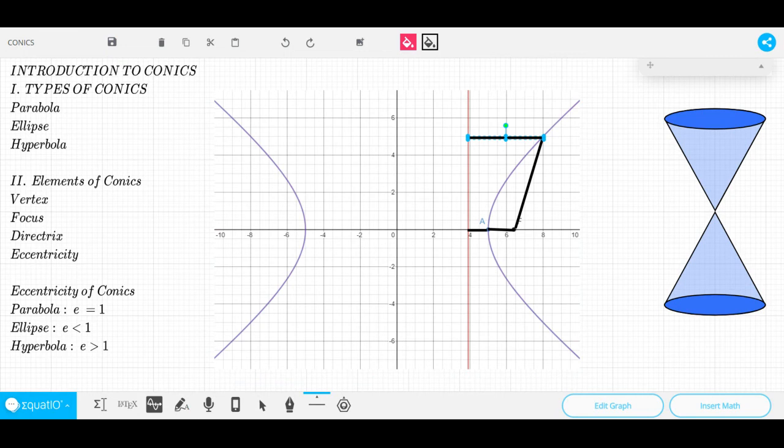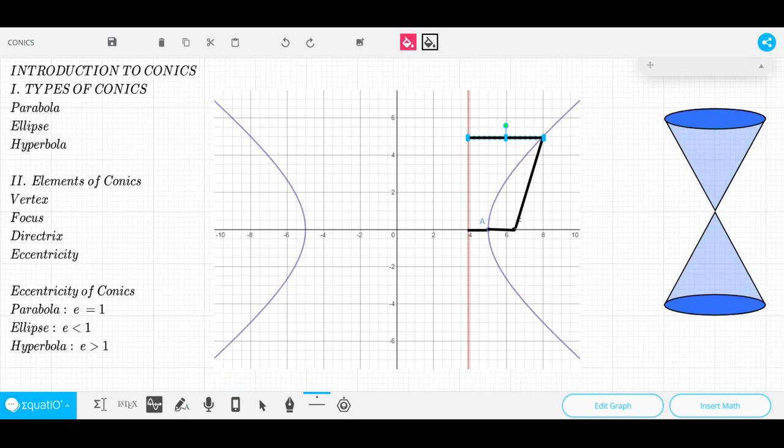And do note that when talking about a specific parabola, a specific ellipse, or a specific hyperbola, no matter what point we choose, any point on the hyperbola, ellipse, or parabola, as long as it is the same conic, the eccentricity will always be the same. Now, if we were to change the elements of the conic, the focus, directrix, or vertex, then obviously the eccentricity would differ, but always within the boundaries set by the properties of each conic.